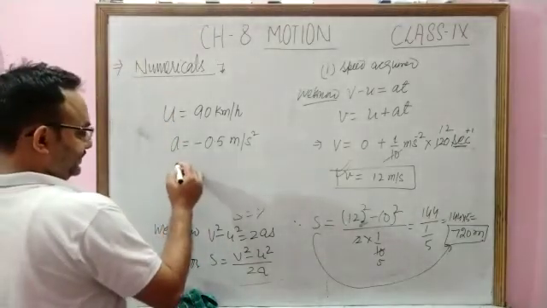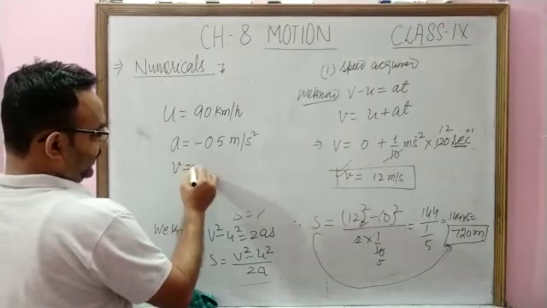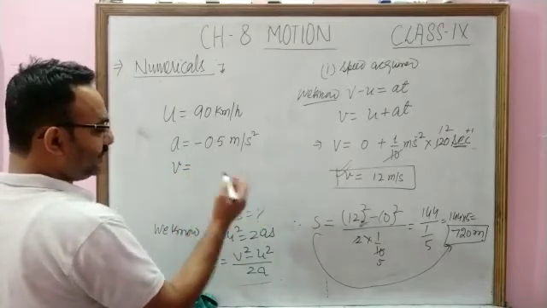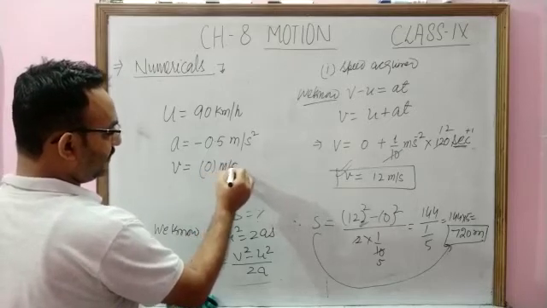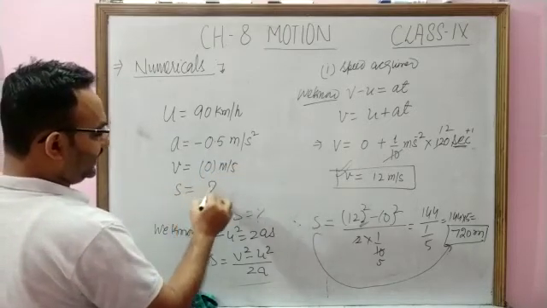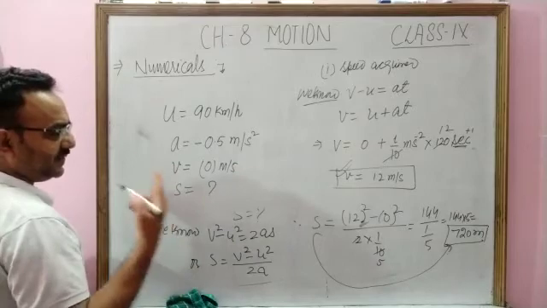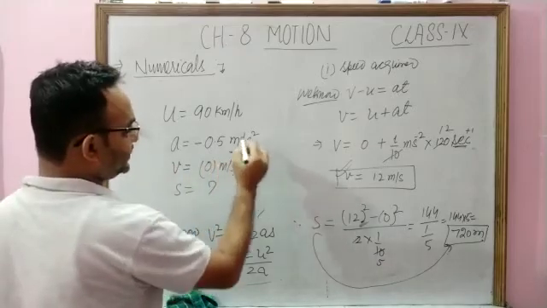V, the final velocity, is 0, and you have to calculate s. But keep in mind they have given acceleration in meter per second square.